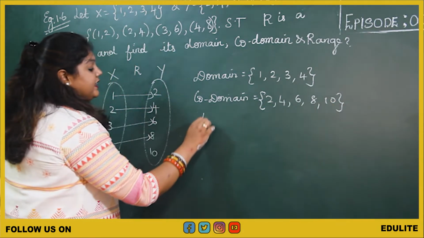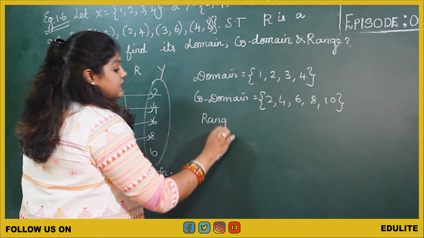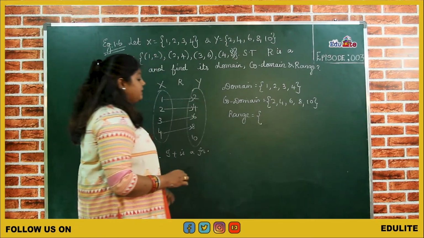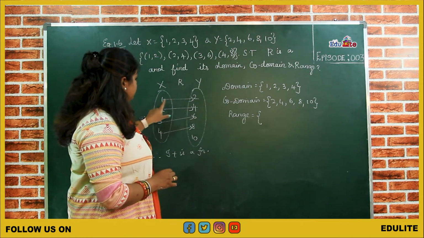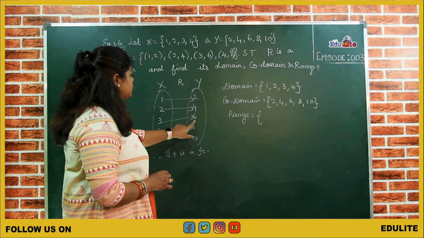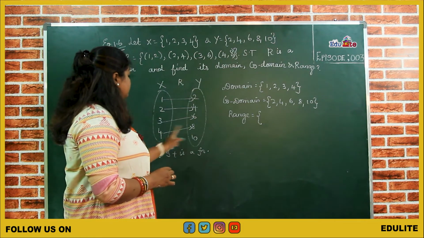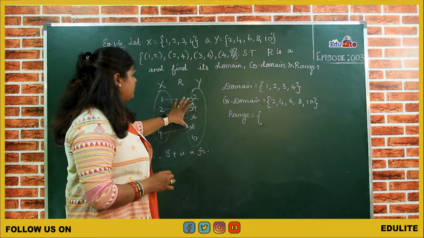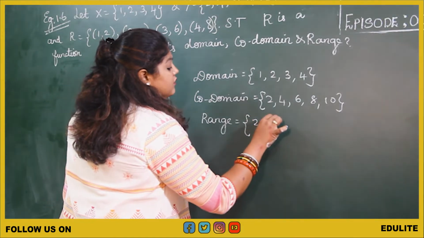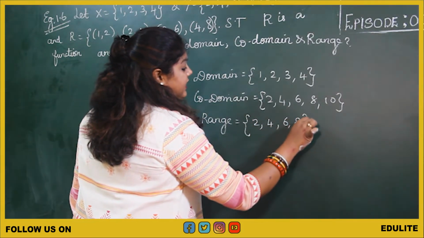Next, we have to write the range. Range is nothing but the set of all images. 2 here is an image, 4 is an image, 6 is an image, 8 is an image. 10 doesn't have any preimage. So, we will write the range as 2, 4, 6 and 8.